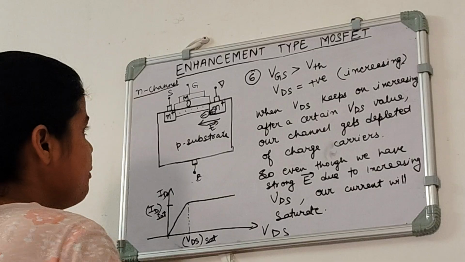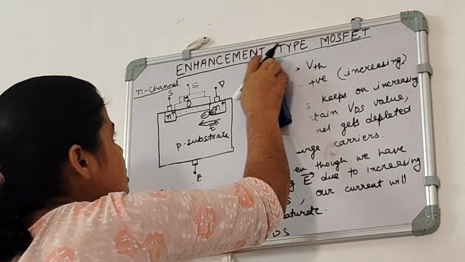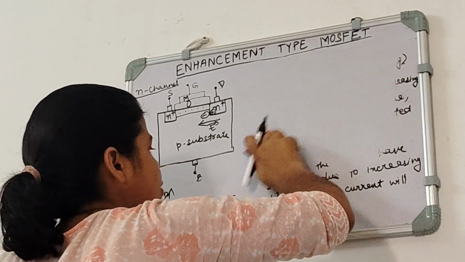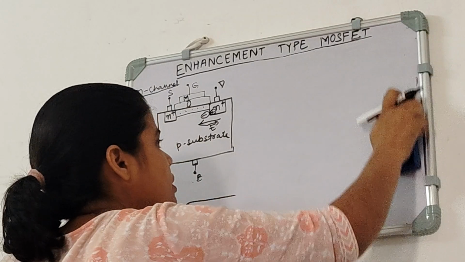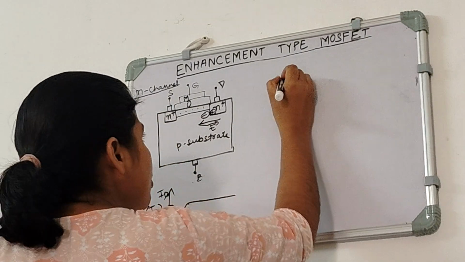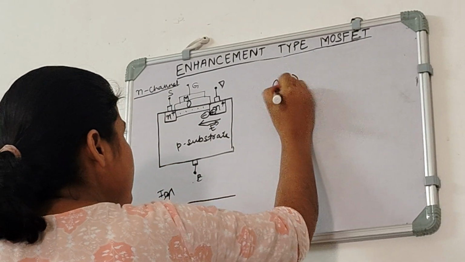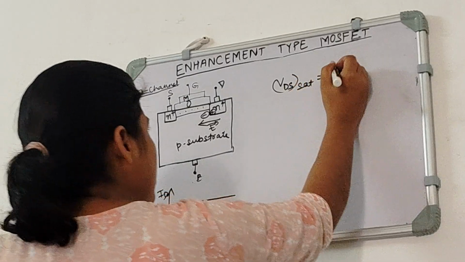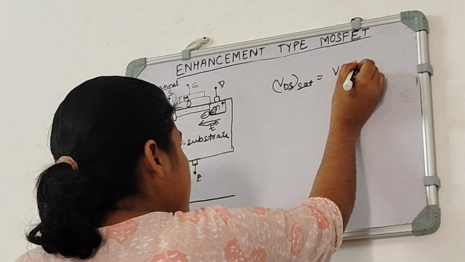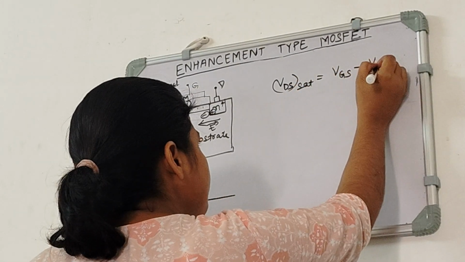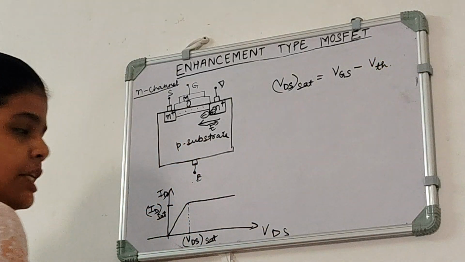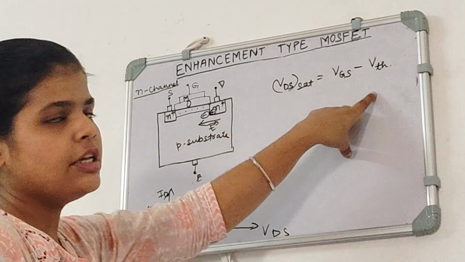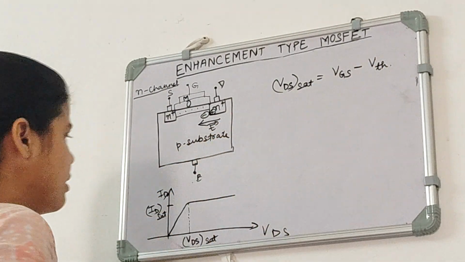And what is the value of VDS sat? We remove this first. The value of VDS sat is equal to VGS minus VTH, or we can say VT. So VGS minus VTH is the value of VDS sat.